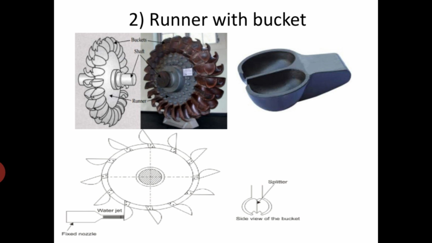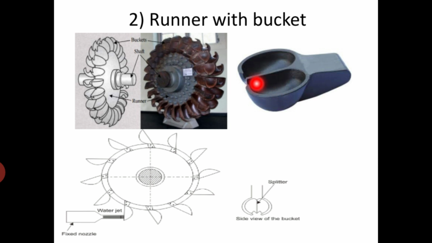And this bucket will have a common dividing edge. This is shown here. The incoming jet, whatever jet is striking this bucket, meets the bucket at the central edge, and that is called the splitter.